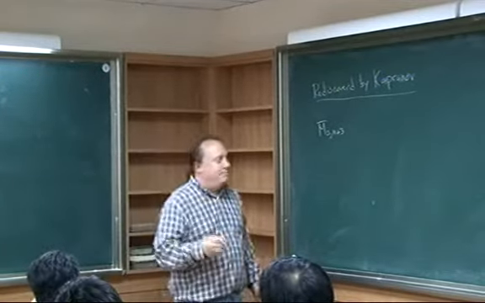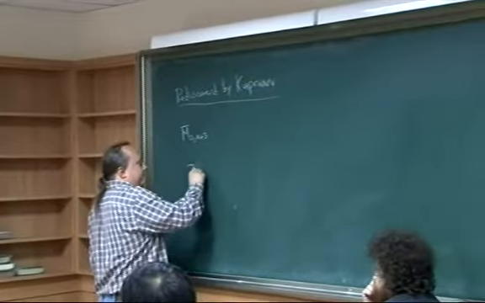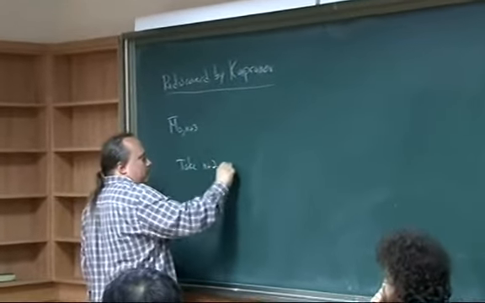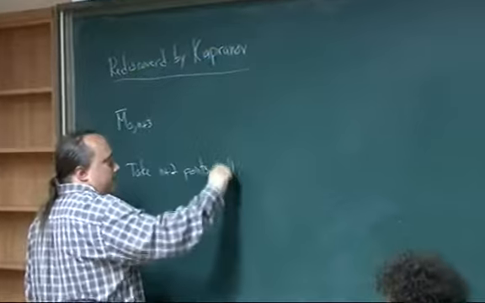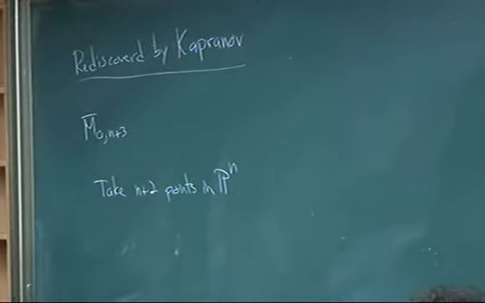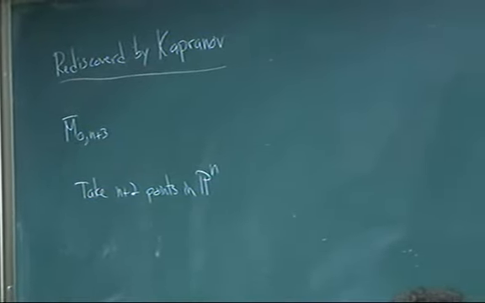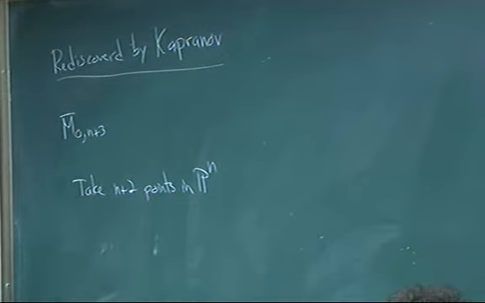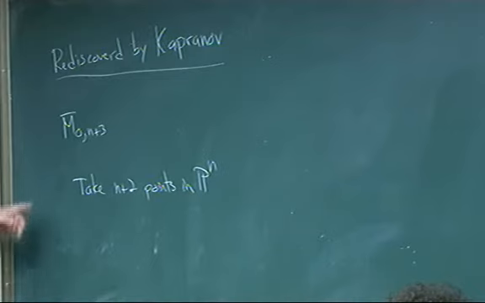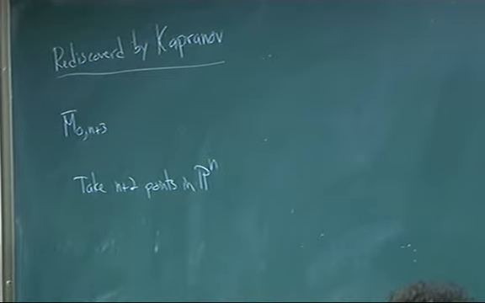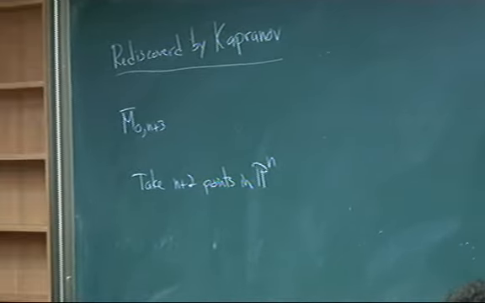And so if you take n plus 2 points in Pn, and you vary your last point, the only thing you're worried about with that last point is when that last point moves out of linear general position. In other words, it hits some sort of secant strata of these n plus 2 points. And every time you hit that secant strata, you need to blow that up to work things out.